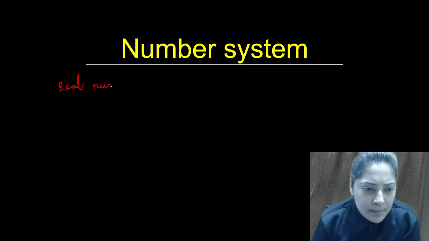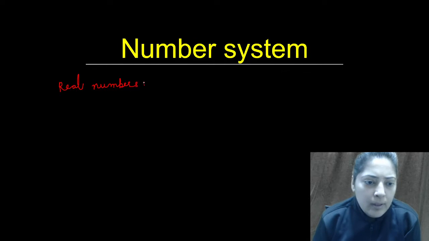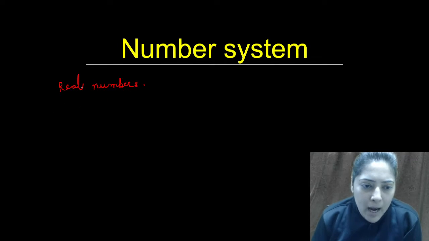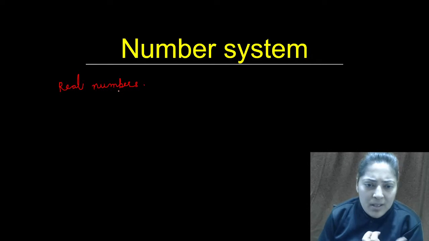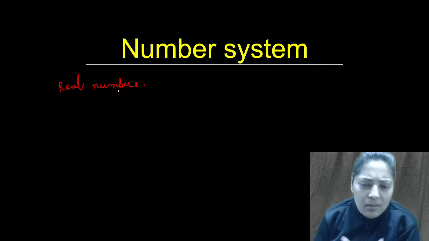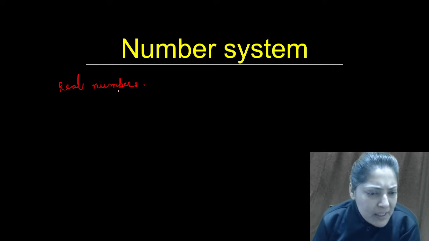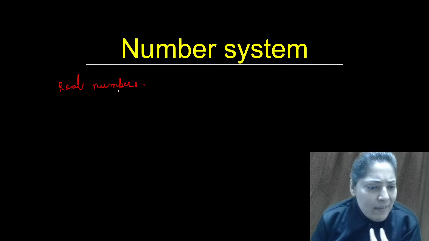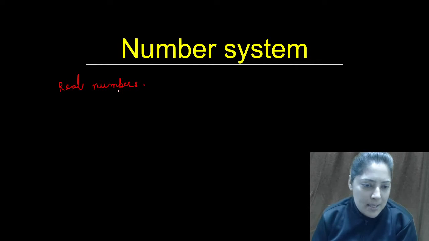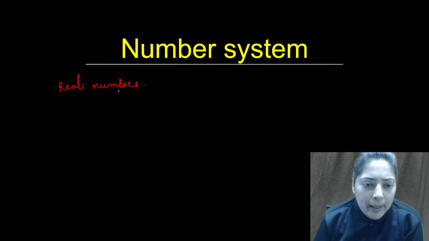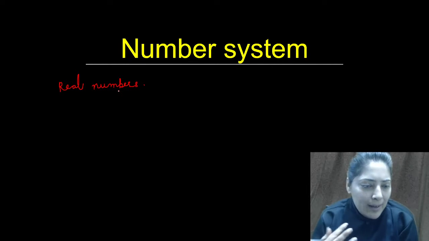Now see, what do you mean by number system? Numbers like 1, 2, 3, -1, -17 by 99, any number system. So in this chapter we'll study what are real numbers.